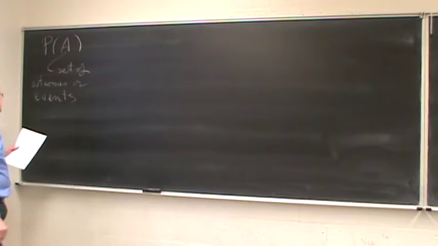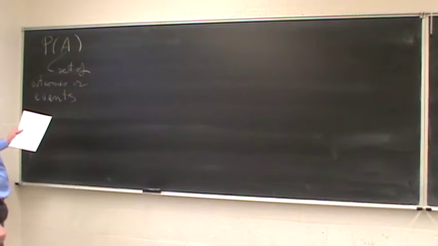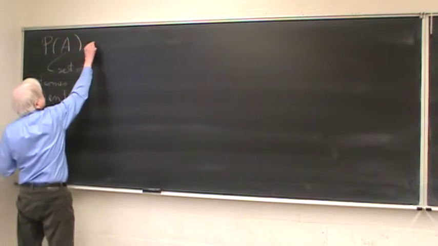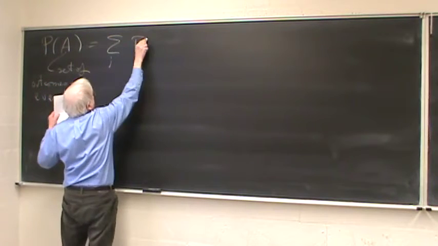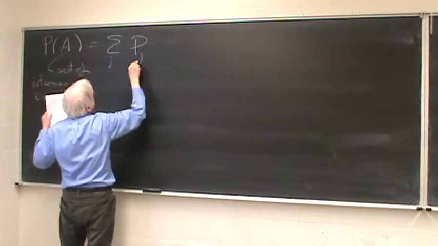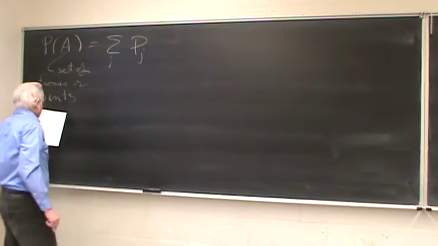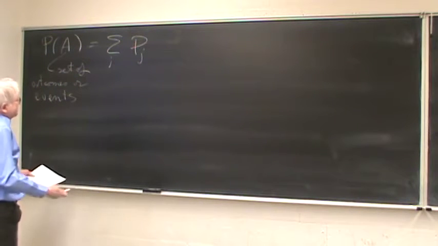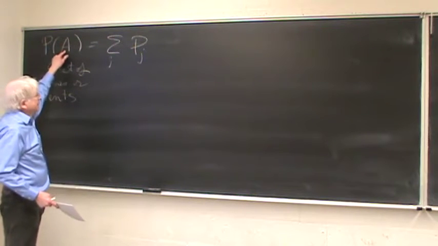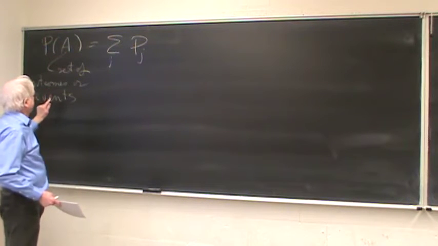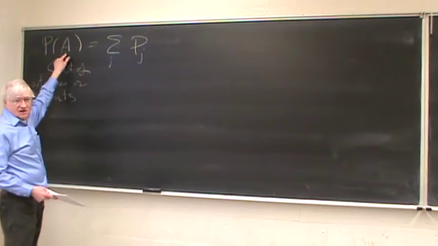That's what A is. And the probability of A is, of course, the sum of the probability sub J of each of the ways in which an outcome or event can occur.